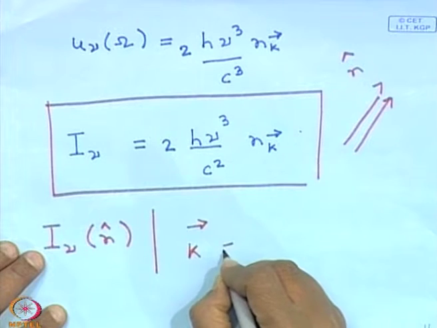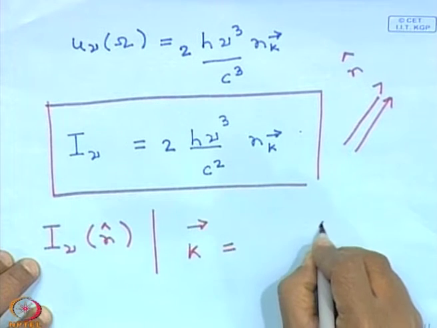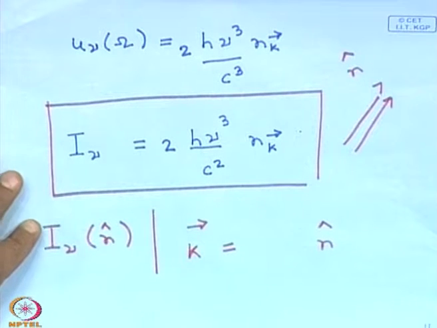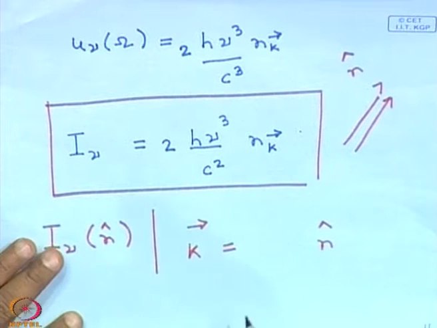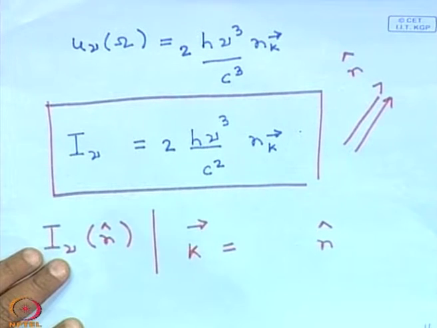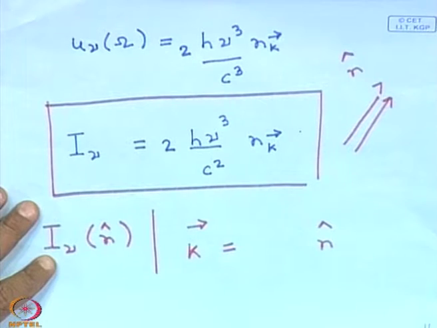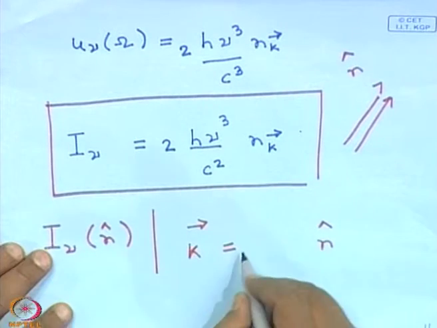So, the direction of this is obviously going to be the same as the unit vector n, the direction in which the ray is propagating, and the magnitude is going to be 2 pi omega. We know omega is equal to c into k.